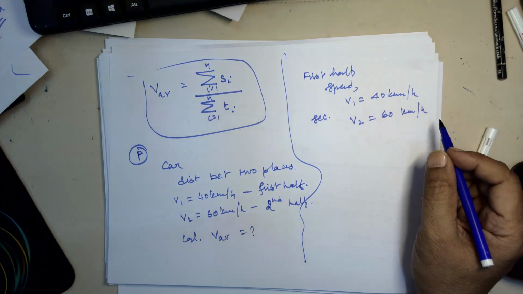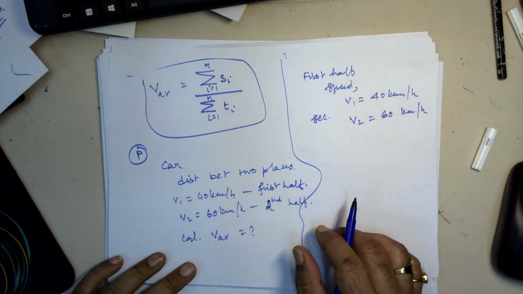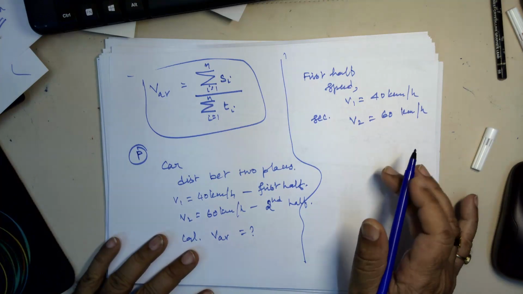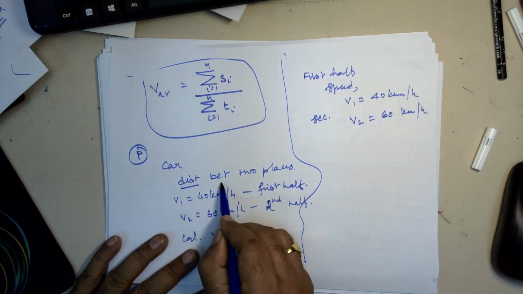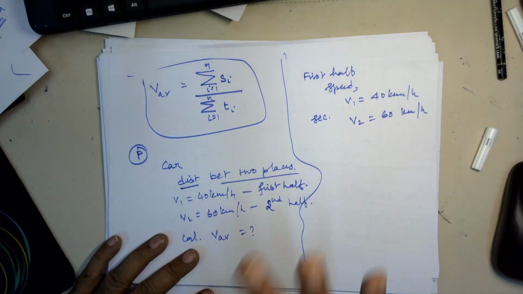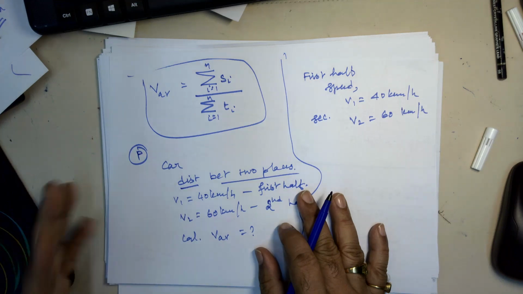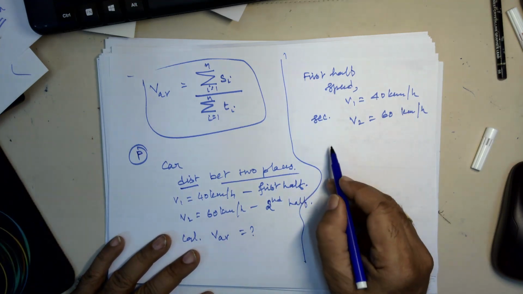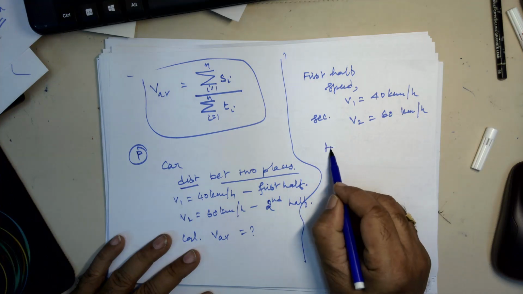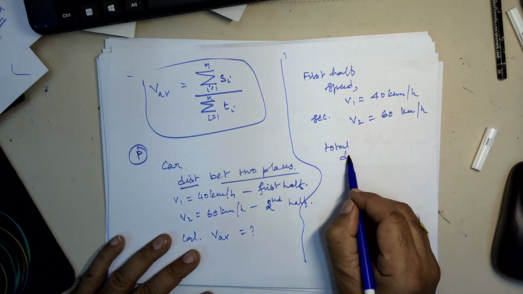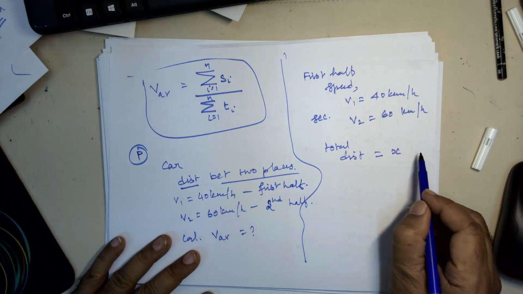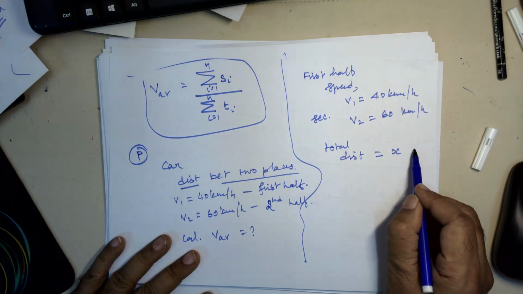Now, what is the total distance traveled? We do not know because they simply said the distance between the two places. That's all, they have not mentioned it. Okay, so let us call it X. So the total distance traveled by the car is X kilometer.